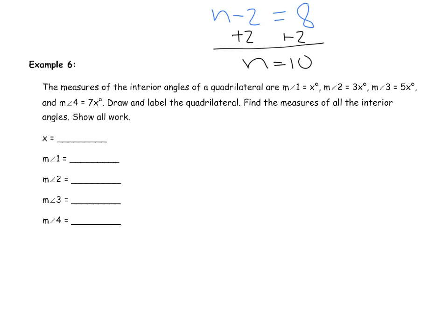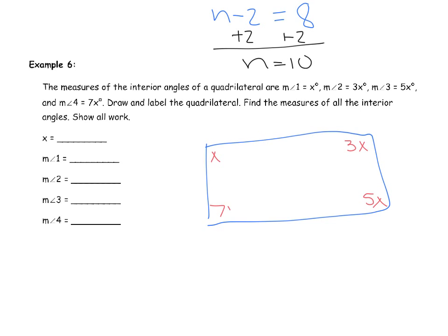All right, example 6. The measures of the interior angles of a quadrilateral. I'm just going to draw a quadrilateral, okay, so there it is, 4 sides. Angle 1 is x degrees, angle 2 is 3x degrees, angle 3 is 5x degrees, and angle 4 is 7x degrees. Draw and label the quadrilateral, and find the measures of all the interior angles.